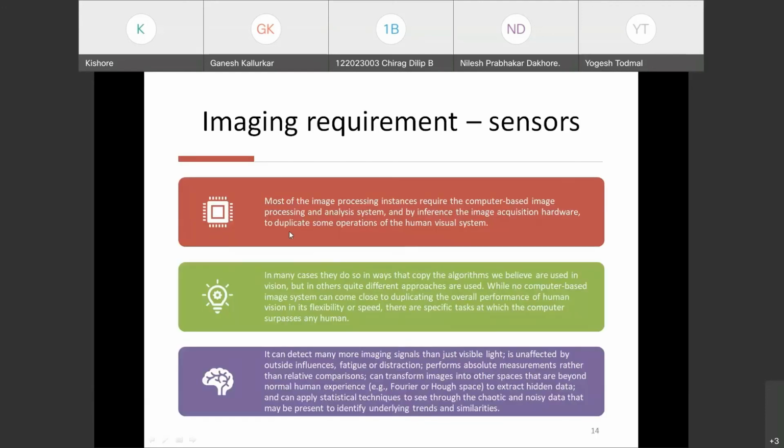Now another requirement is that of the sensors. To put it simply, a sensor is nothing but that which registers the image of the real world object. So in our case, if you're using mobile phones to capture images, the camera in your mobile phone acts as a sensor.